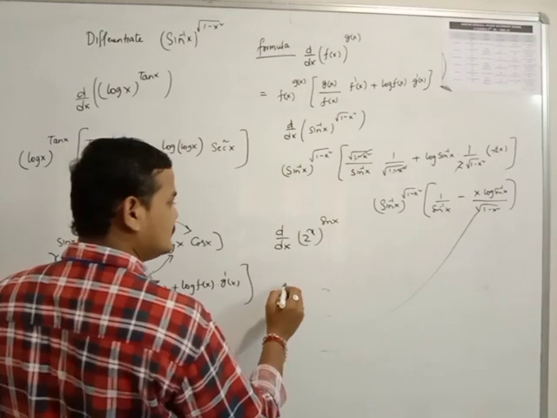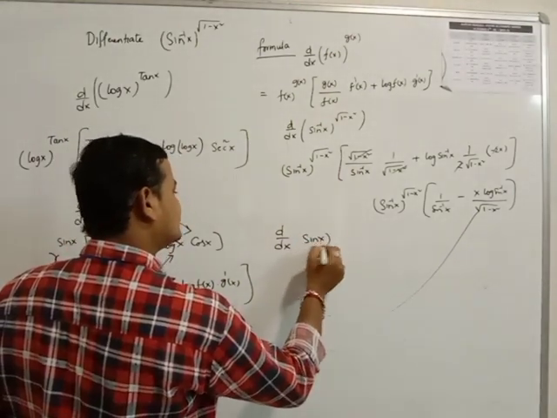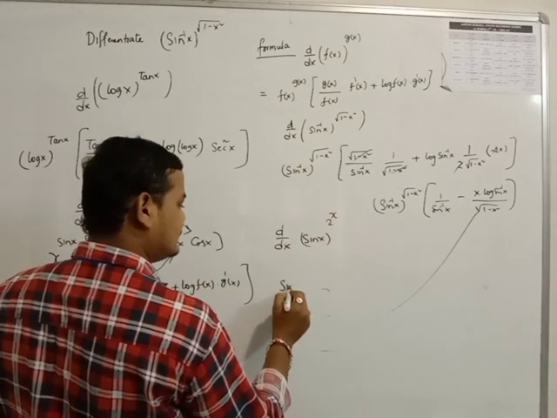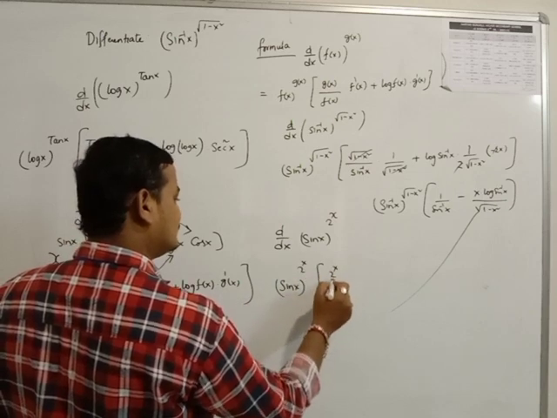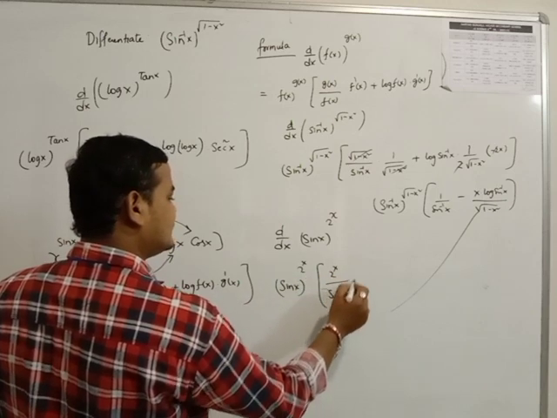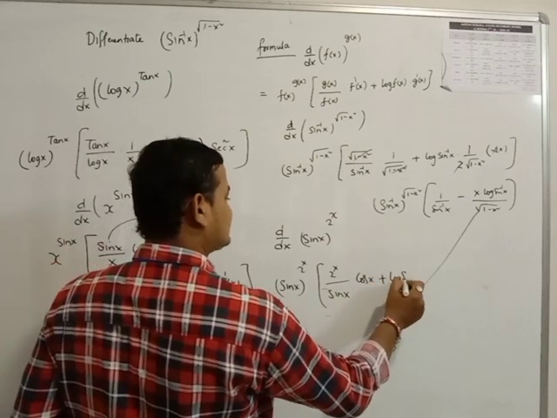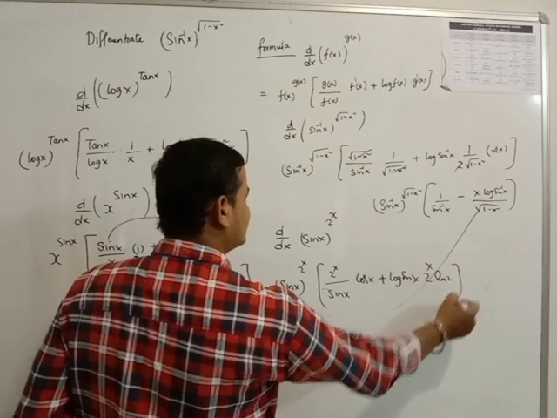Otherwise, sin x to the power of 2 power of x. So how can you do that? First of all, write the question, sin x to the power of 2 power of x. Again 2 power of x by sin x. The derivative of sin x is cos x. Plus apply the log to the denominator sin x. Again this is the derivative, that means 2 power of x into log. This is the answer.